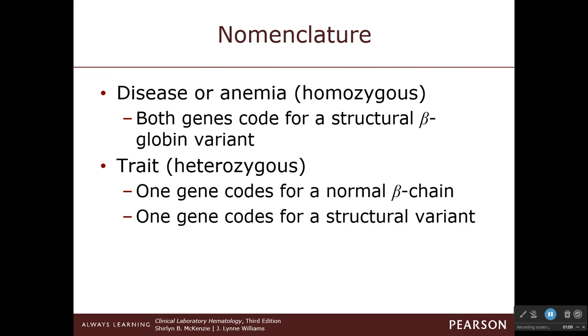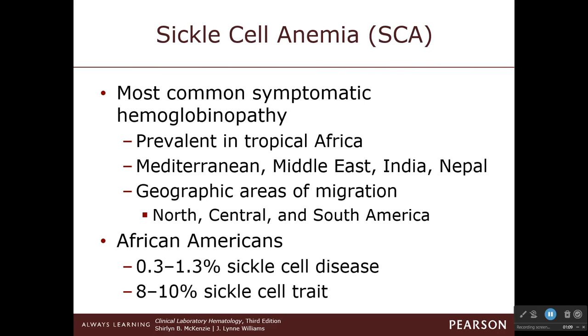But either way, one's going to be normal and one's going to be abnormal. Questions about the introduction to hemoglobinopathies? Trait is heterozygous and anemia is homozygous. That is correct.